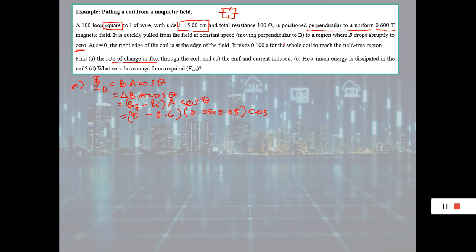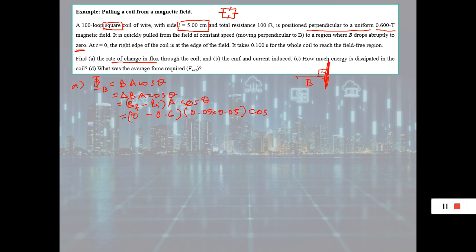So perpendicular. If you notice, let's say we have a coil of wire, and a magnetic field B, and the coil of wire is like this, which is 90 degrees to the B. But the theta is not 90.